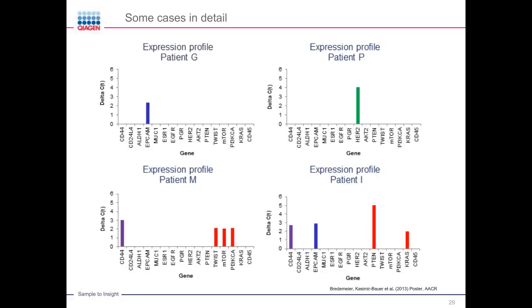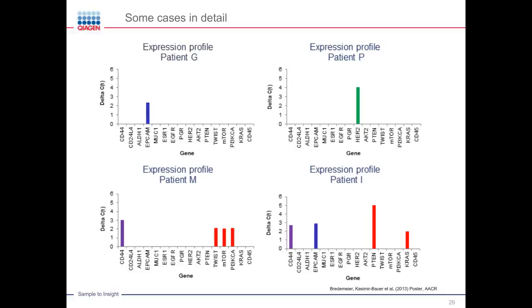Whereas patient M is, in my eyes, a clear tumor stem cell-like phenotype that we captured here. CD44 is there, Twist is there, mTOR, PI3K, all indications that both EMT metabolism, but also tumor stem cell-like metabolism is switched on.